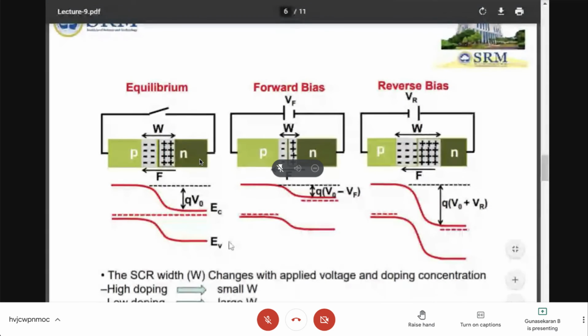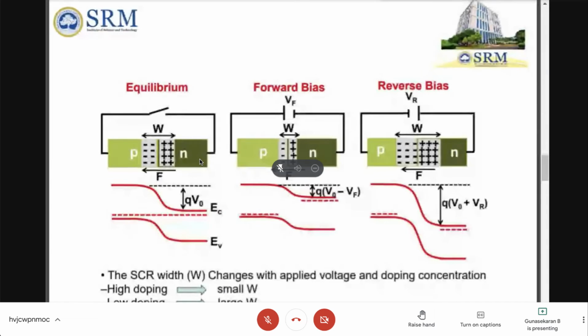This is the normal case. That depends upon the doping concentration, whether it is high level doping or low level doping. When the doping is high, W is too small. When the doping is low, definitely W is more. So that is given in the diagram, you go to understand.